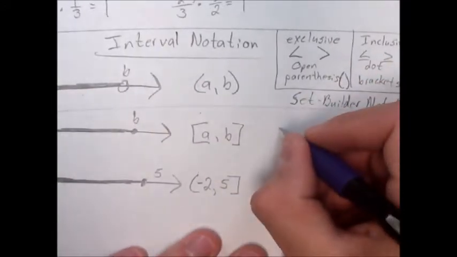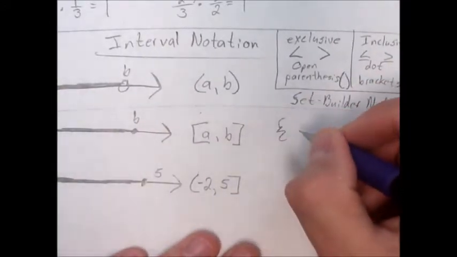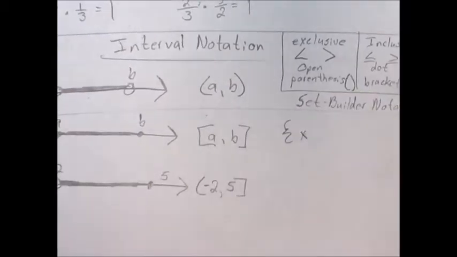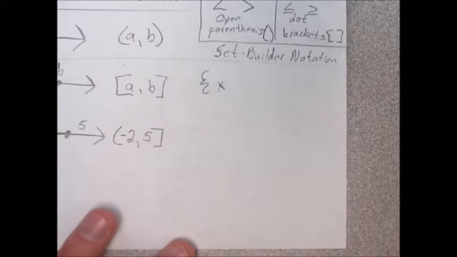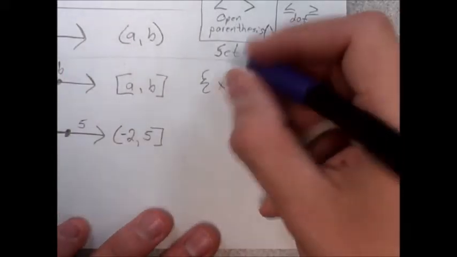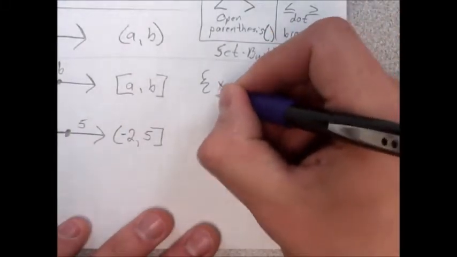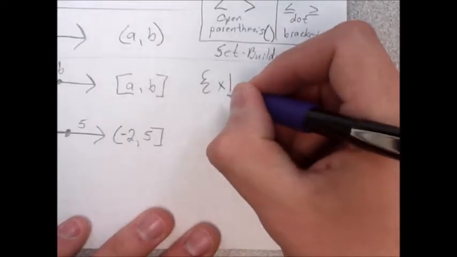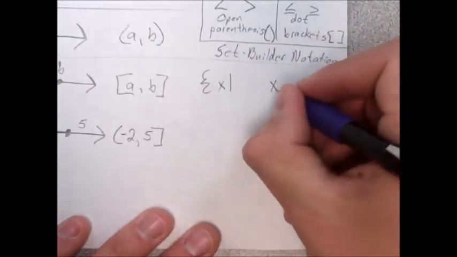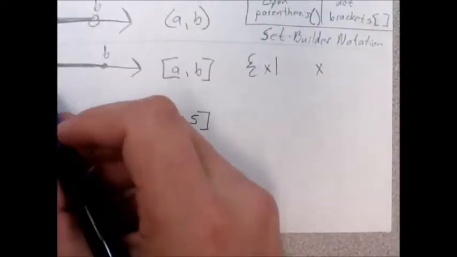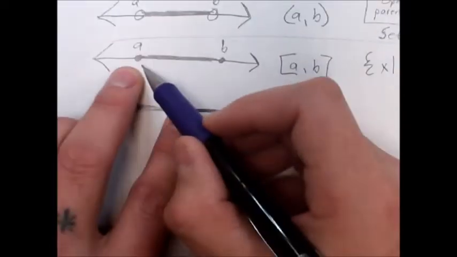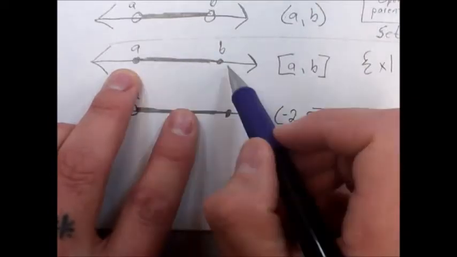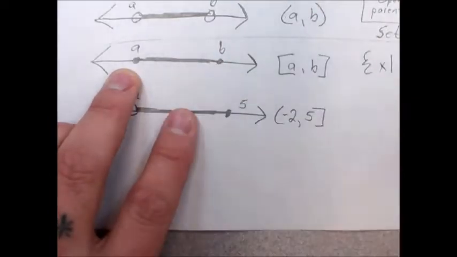So set builder notation looks like this. I say the set, and of things, I'm describing them as X. I just give them a variable, okay? I'm saying all things within that set. That's what X is. All things within that set are described where X is, and now I got to say, so X is, if I look back at my A, X is something that lies between A and B. So I need to figure out how to write that using an inequality.